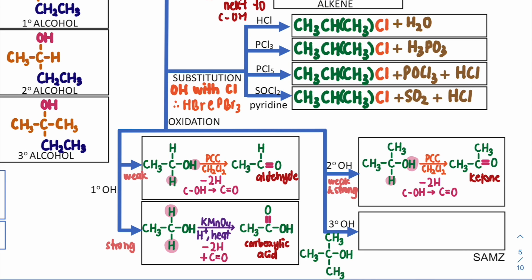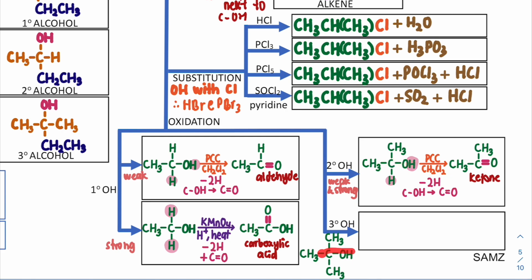For tertiary alcohol, again, oxidation means adding oxygen or removing hydrogen. As we saw in the previous cases, we remove two hydrogens: one from the OH, and another from the carbon containing the OH itself.